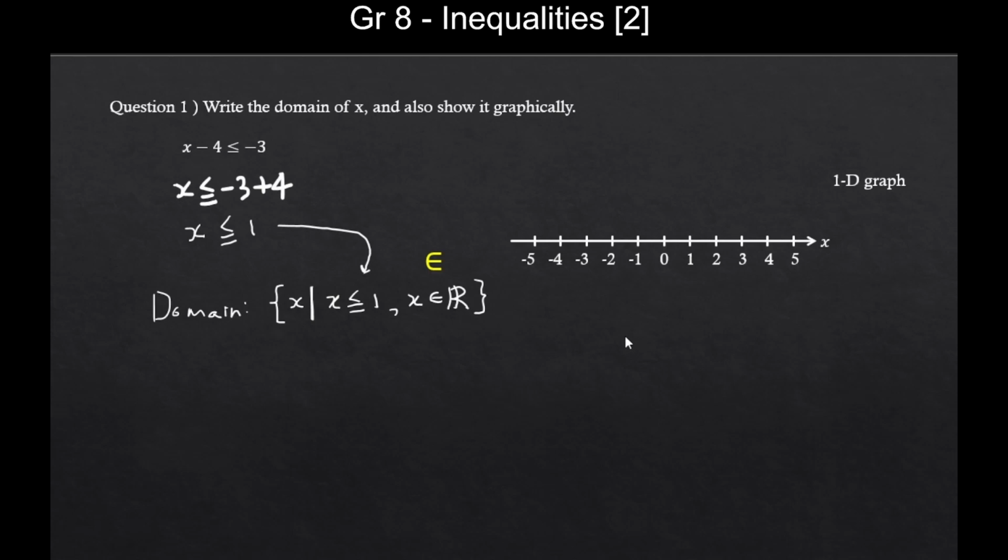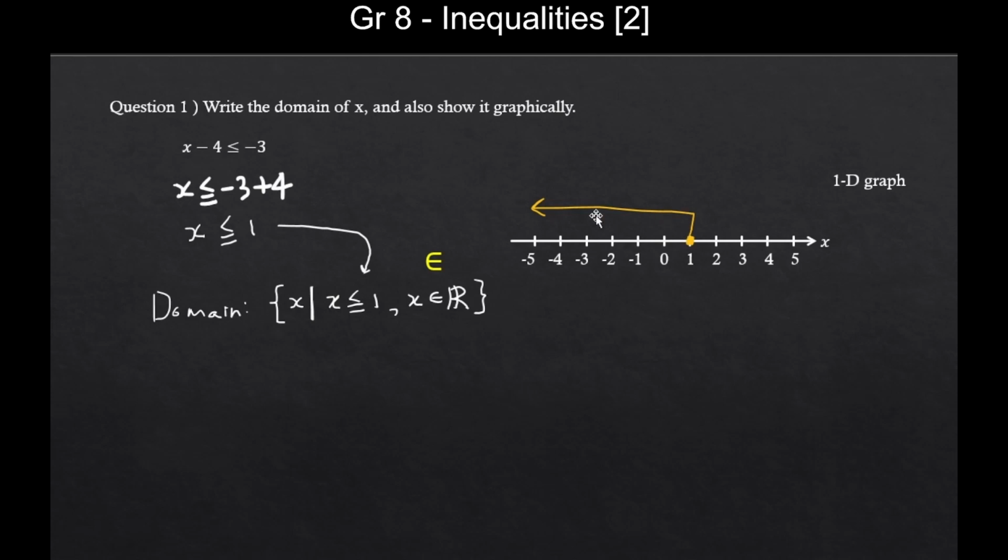Now see how I'm showing it graphically. I'm going to put a dot here at 1 and then draw a straight line, sorry, this is supposed to be a straight line toward the left. And this means we're talking about x which is smaller than or equal to 1.